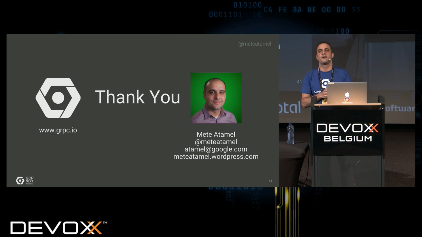Yes? Is gRPC feasible for communication between microservices, thinking of separately deployable services and backwards compatibility when upgrading servers? So the question is whether gRPC is compatible with microservices that can independently update, right? Yes, I mean, it is designed for that because you have the service definition file that the client and the server code get generated from, right? So if you need to change the service, you just change one file and you regenerate what you need to regenerate, and that's it.